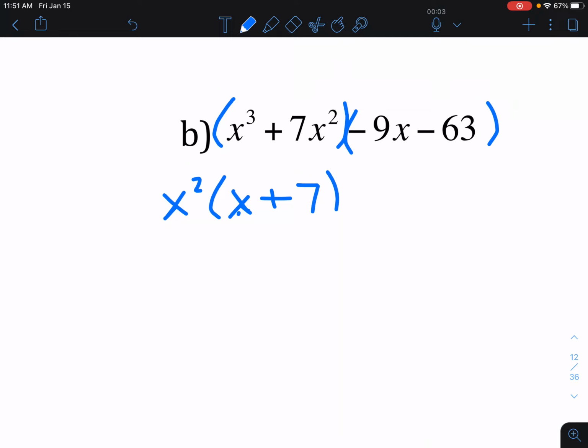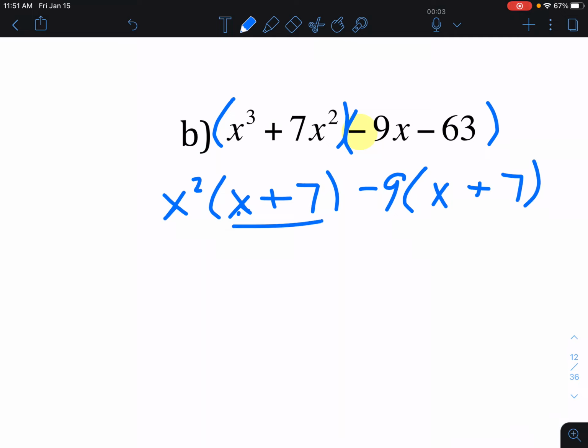The GCF of your second group, notice again, your first term is a negative, so your GCF must be negative, and it's going to be 9, goes into 63. And then we divide by negative 9 to have x. Negative 63 over negative 9 is positive 7.